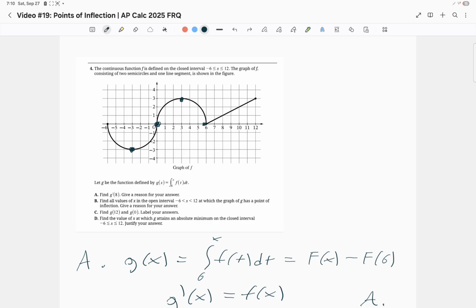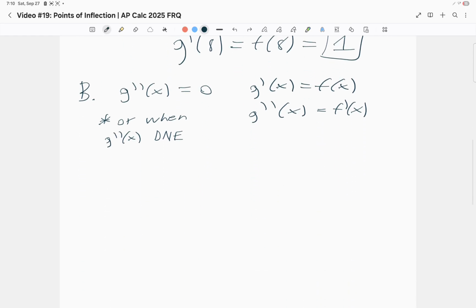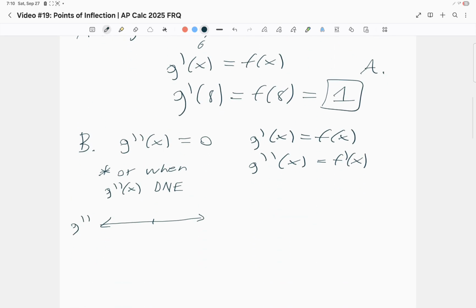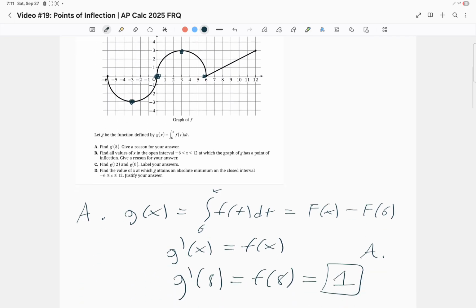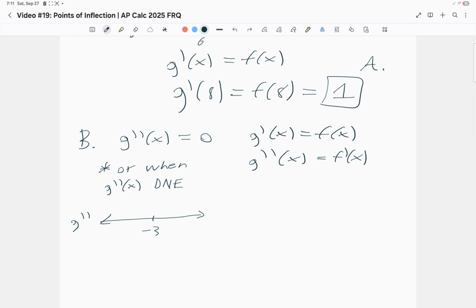So let's test all these potential points for points of inflection. The definition of a point of inflection is where, if we do a number line analysis of g double prime, which is the official way to do this, the sign of the second derivative changes before and after the point. Let's test -3.